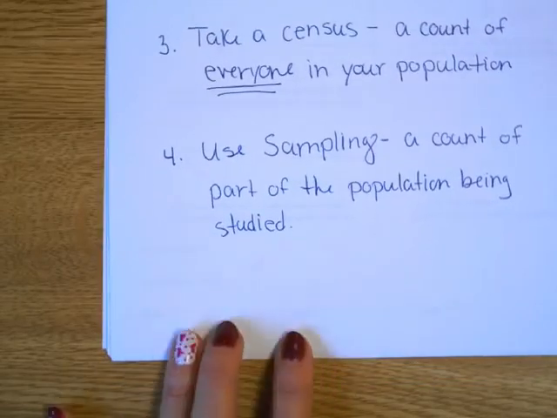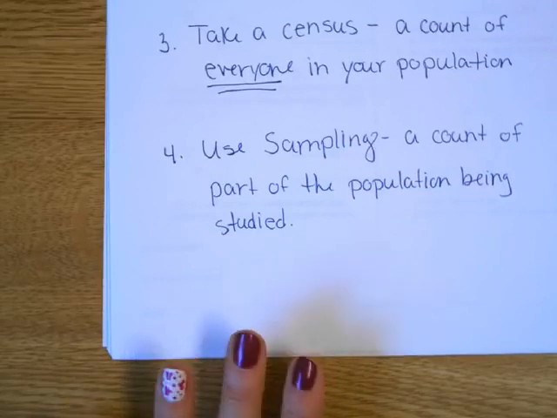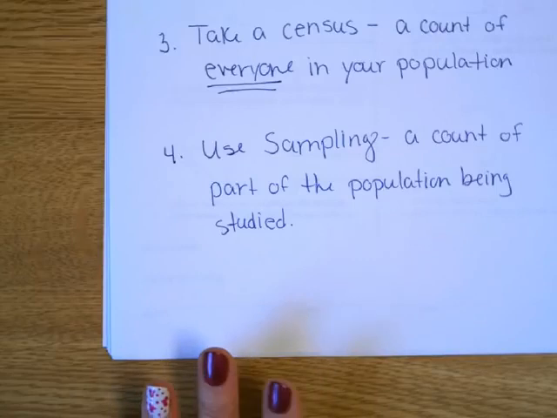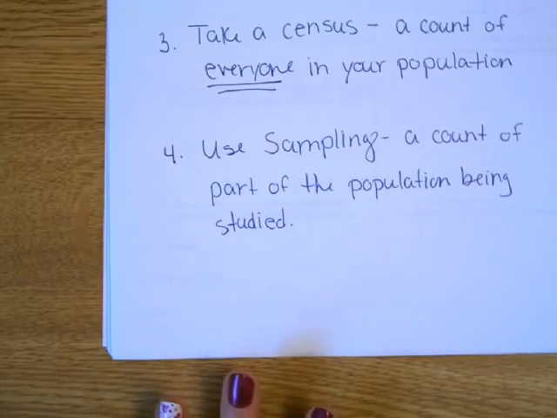What you have to be careful of is not getting what's called a biased sample. So you want good sampling techniques so that you don't end up with a biased sample. What do you think I mean by biased? It's one-sided. It favors something. You didn't really get it evenly distributed.